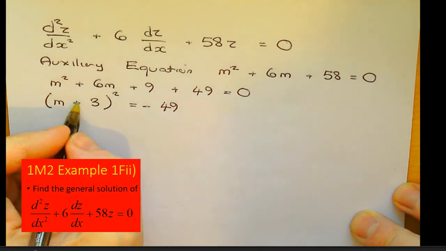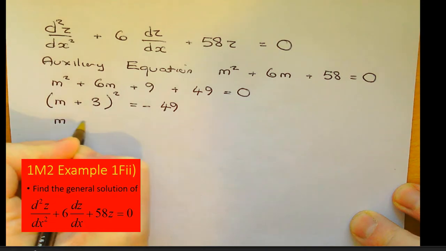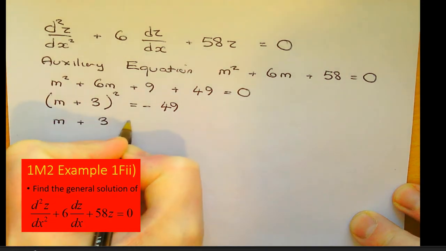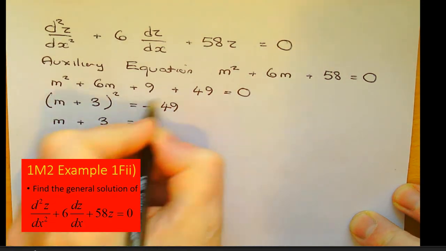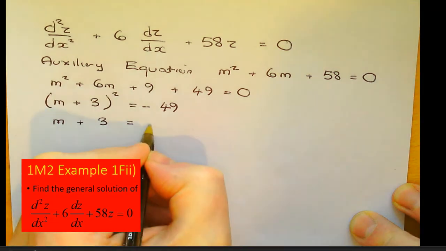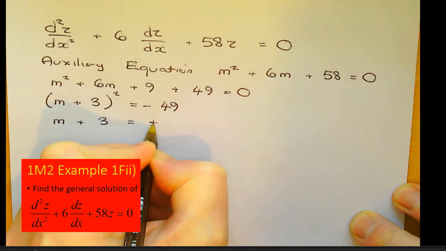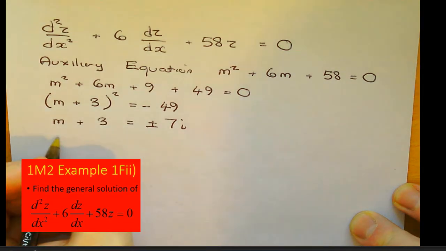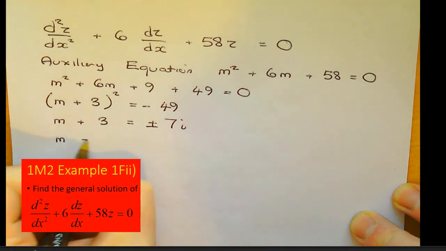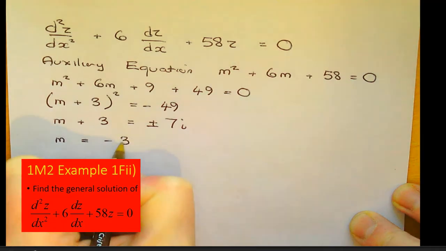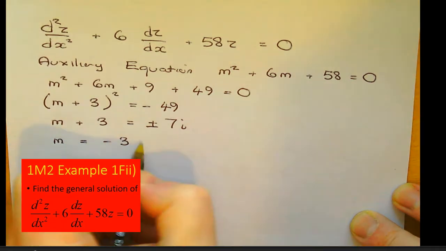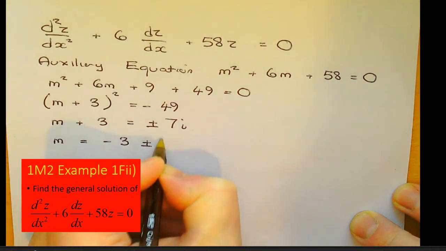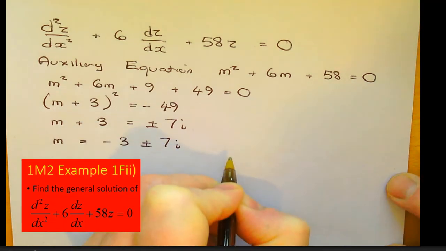And if we subtract 49 from both sides, so then if we look for m plus 3, the square root of minus 49, well, it gives us plus or minus 7 times i. So our m is going to be minus 3 plus or minus 7i.